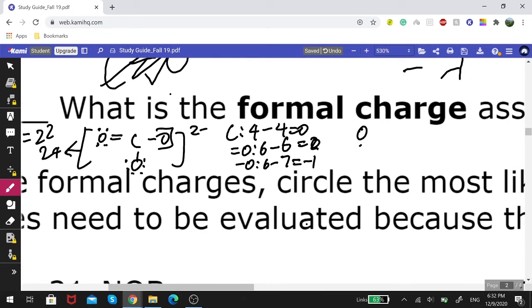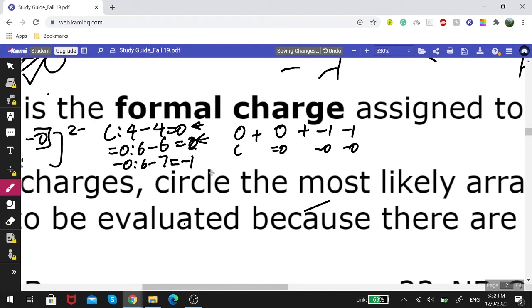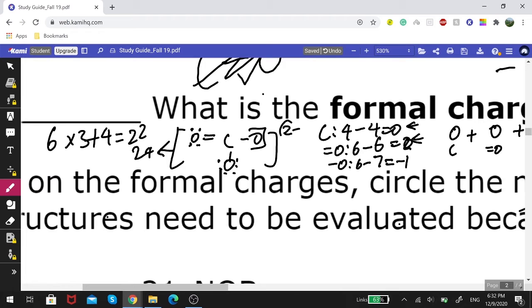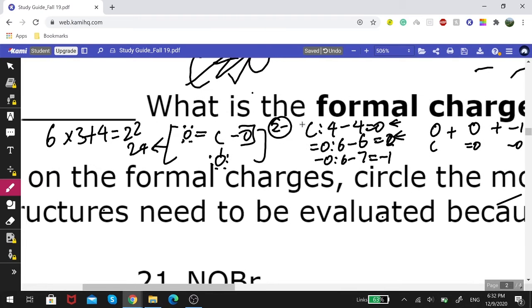So how much C do we have? We have 1 C, and 1 double bonded O, which is also 0 from here and here, plus 2 negative 1s from the single bonded O's. So 0 plus 0 plus negative 1 plus negative 1 equals negative 2. And this matches our charge over here, which confirms that this is the formal charge.